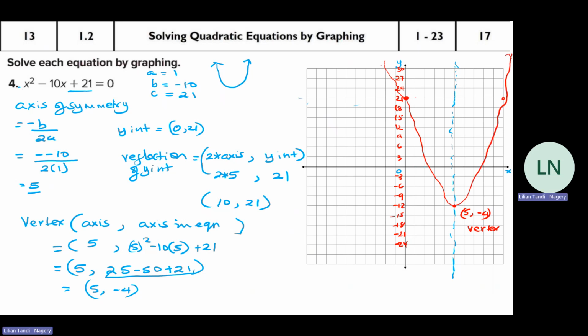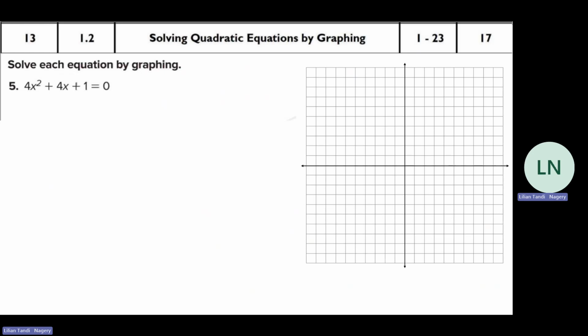Now, if your graph does not match your sketch, oh, you did something wrong. You need to go back here and see what you did. You calculated wrongly. Okay, let's move on. So this graph will be a U because my A is positive.